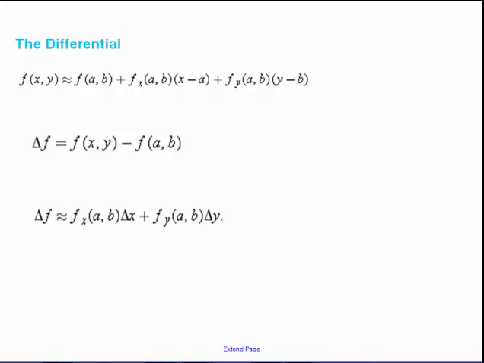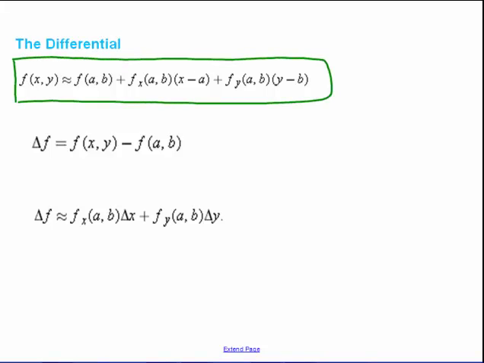So looking at our local linearization, if we were to subtract f of a comma b from both sides, on the left-hand side, I'd have f of xy minus f of ab.